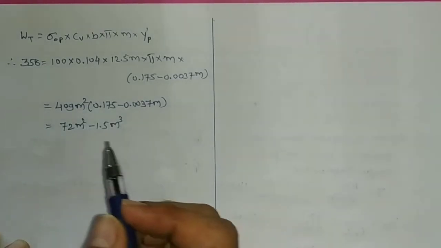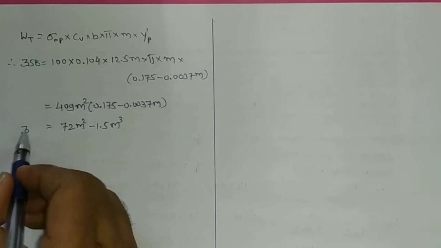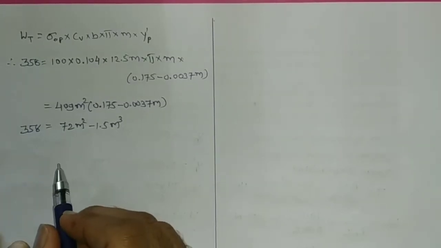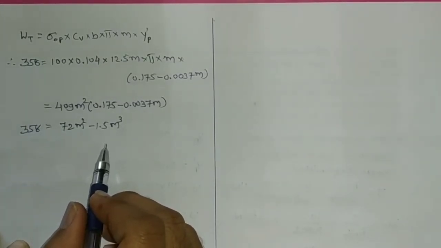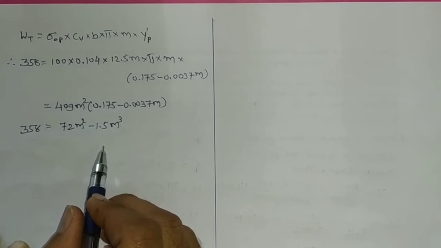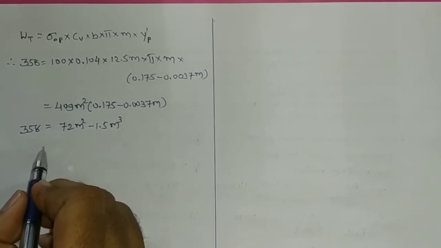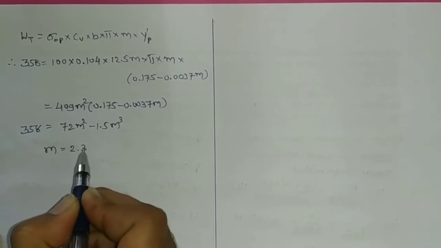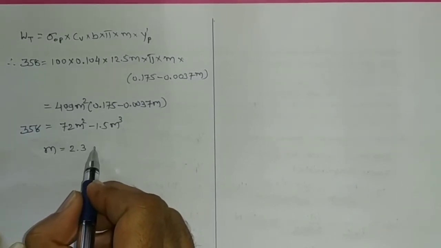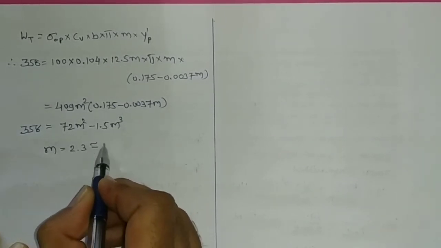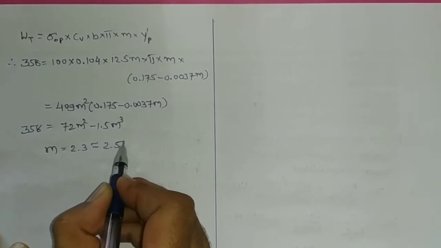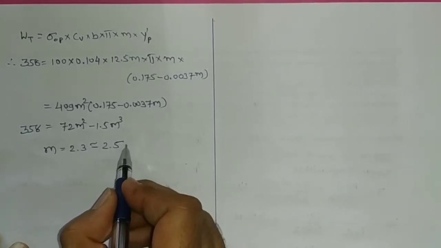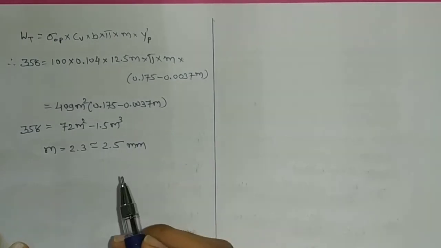Now you have to solve this equation: 358 is equal to 72 m square minus 1.5 m cube. Solving this equation by hit and trial method, you will find the value of module m is equal to 2.3. So say m is equal to 2.5 mm. This is our answer.